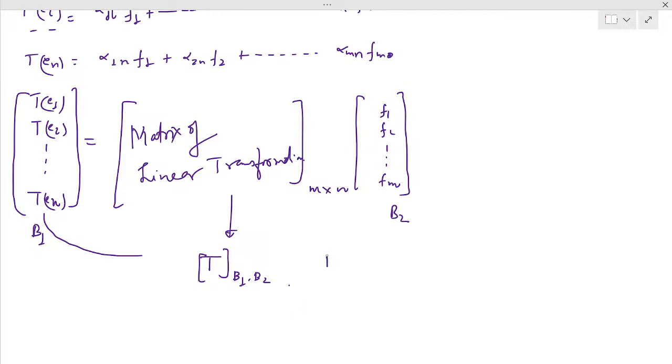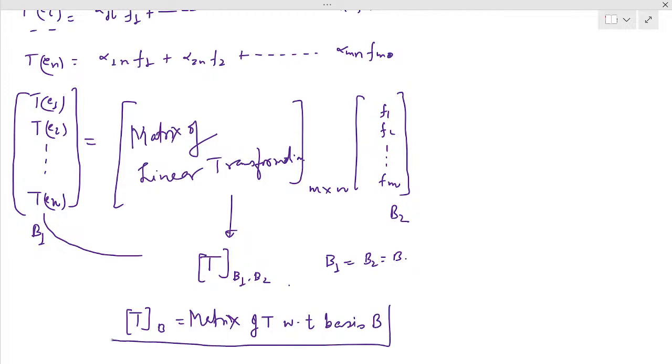And in fact, if b1 is equal to b2 is equal to b, then we denote this simply as the matrix of the linear transformation T with respect to the basis set B. I hope it is clear till now.